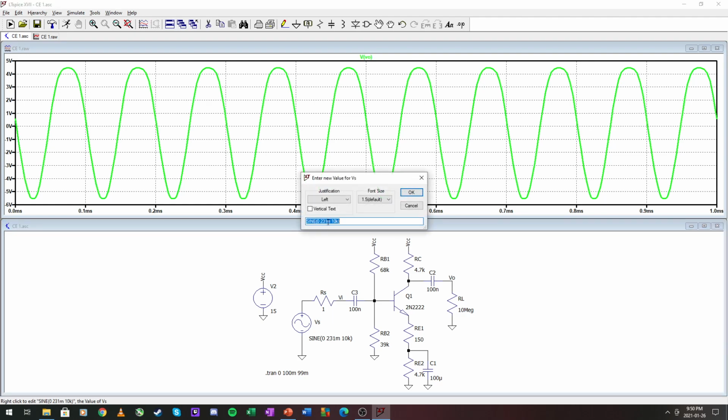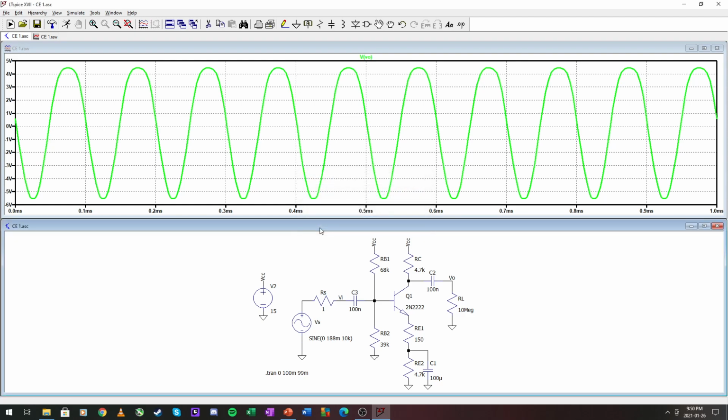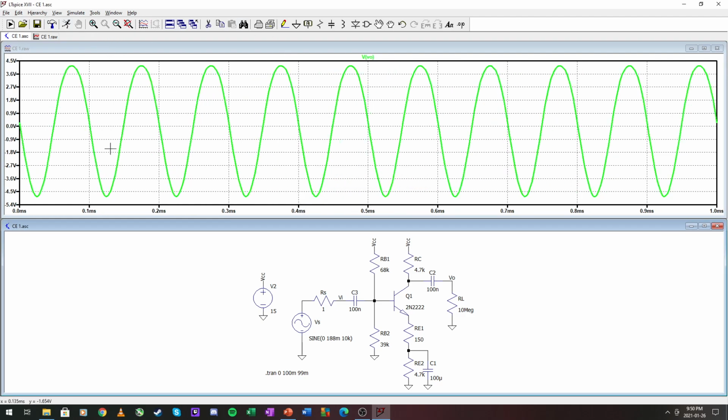Okay, the smaller voltage of the two we calculated was 188 milli, and there is both sides not linear, but it's not clipping. Right, so you can see that this looks a little bit more like a sinusoidal than with the bypassed emitter resistor, and that is because this is a feedback resistor, and it will actually improve our linearity greatly.